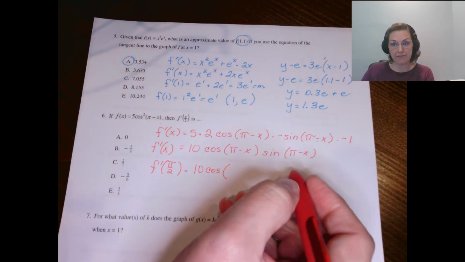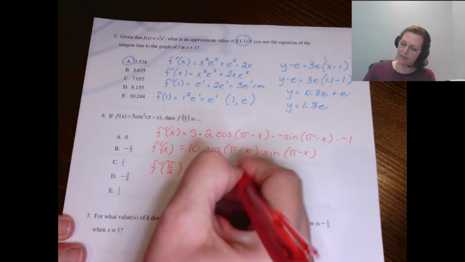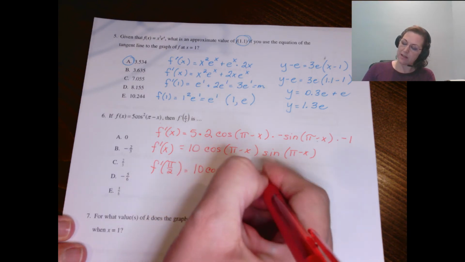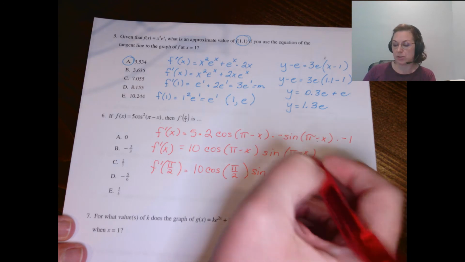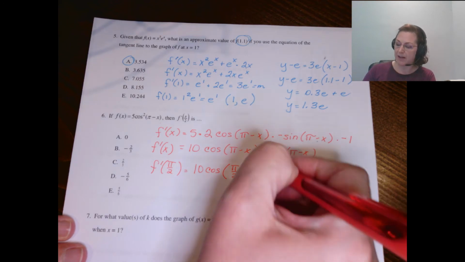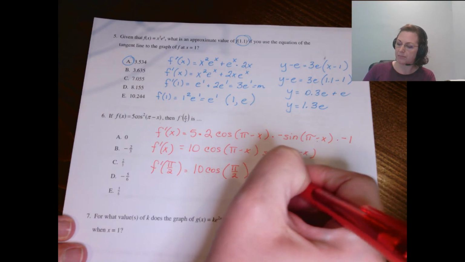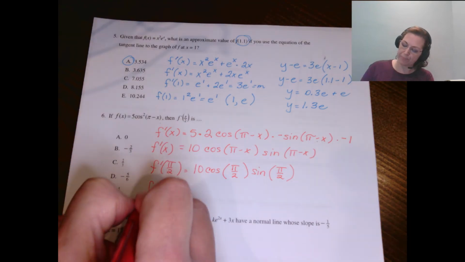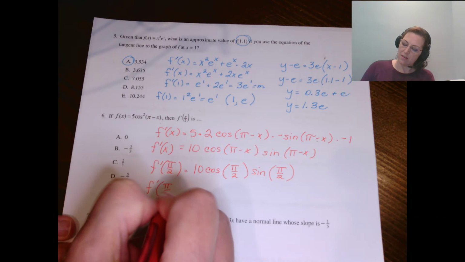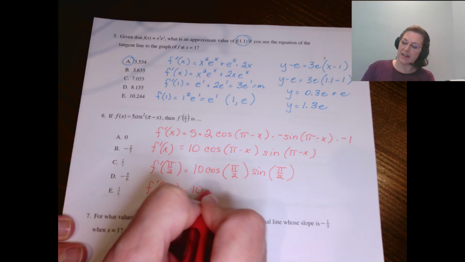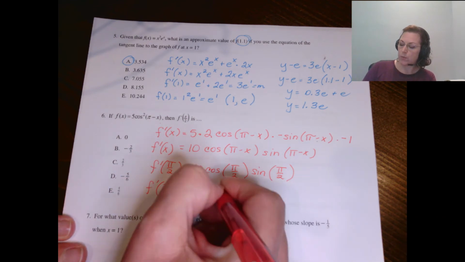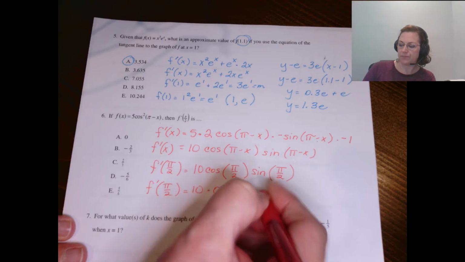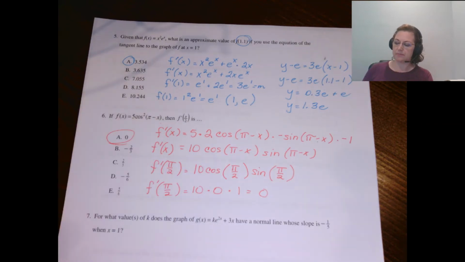Pi minus half a pi is half a pi. Sine of pi minus pi over 2. Pi minus half a pi is pi over 2. Okay, so we're at 90 degrees, right? At 90 degrees, cosine is 0, sine is 1, so I end up with 0.